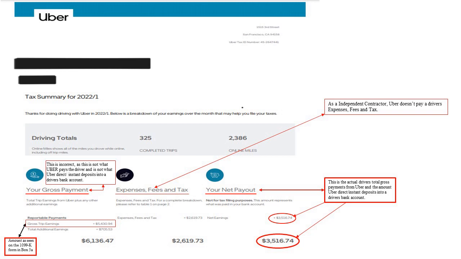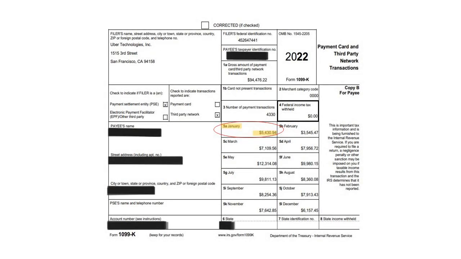But we don't have that number. We have what is listed on the 2022 1099-K form: $5,430.94 for the month of January.